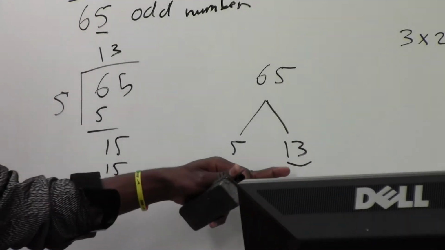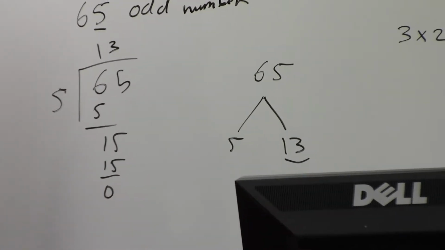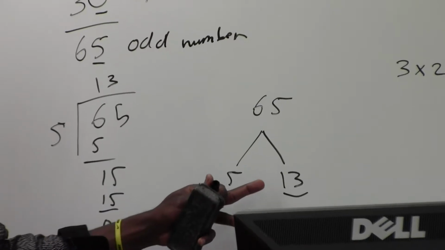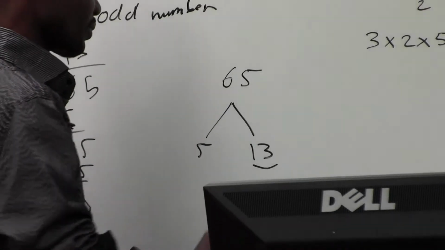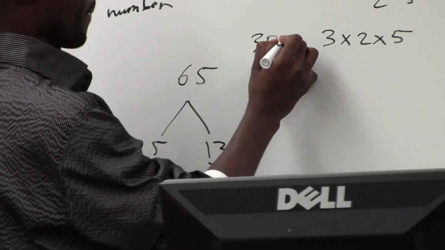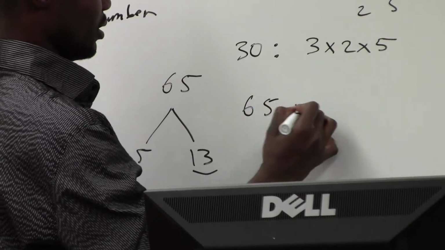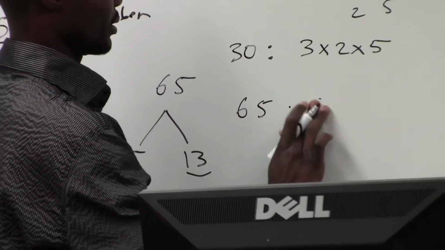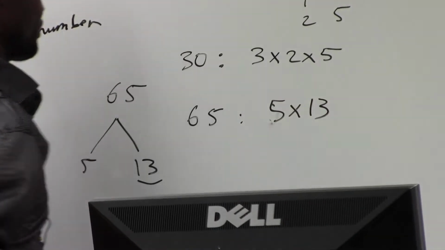A prime number means you cannot divide it by any number except itself and 1. So for 65, we have 5 times 13.